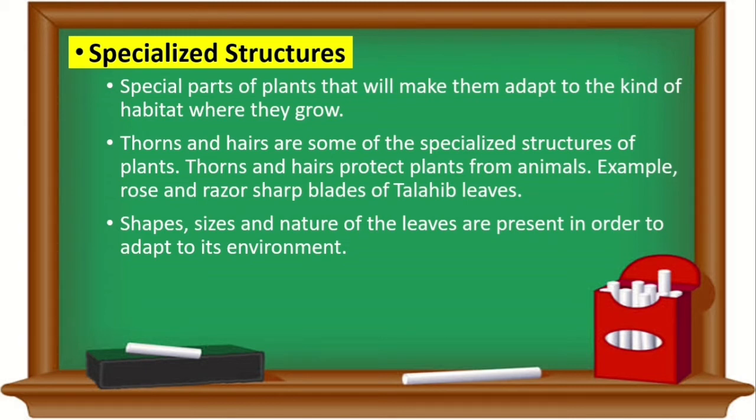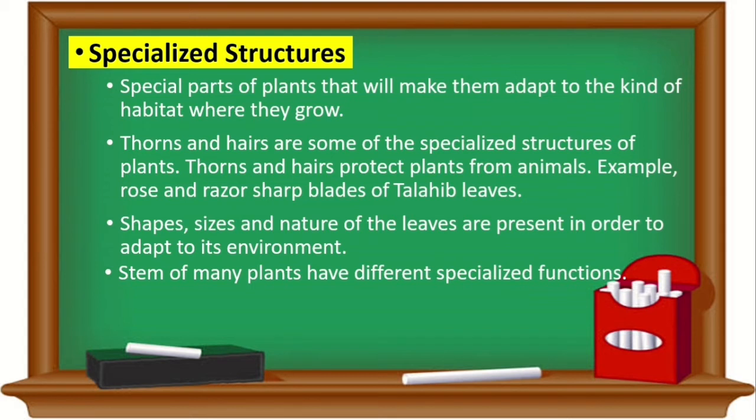Shapes, sizes, and nature of the leaves are present in order to adapt to its environment. Stems of many plants have different specialized functions. Roots of the plant also adapt to their environment.